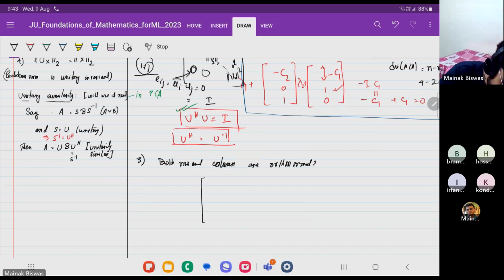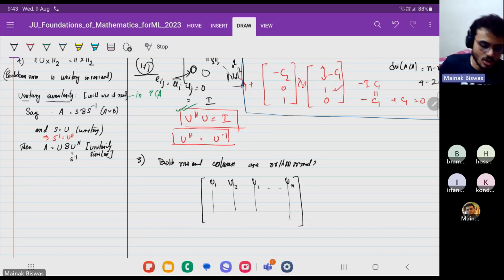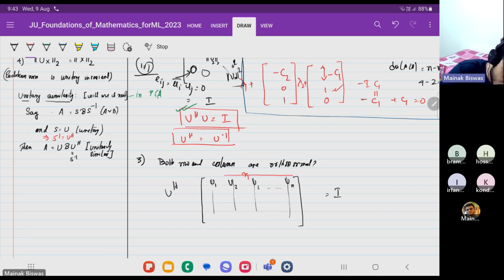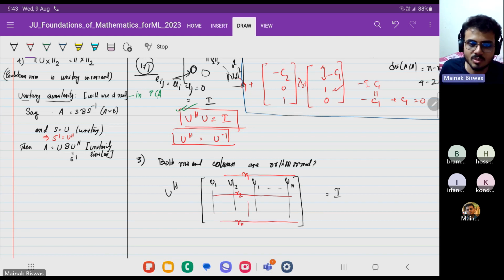So I have known that u1, u2, un, I have seen that they are orthonormal by using a U Hermitian U matrix and showing that it equals I. But how do I show that rows are orthogonal as well? So they have rows, say R1, R2, and Rn. The columns are by definition orthogonal. So how to show rows are orthogonal?